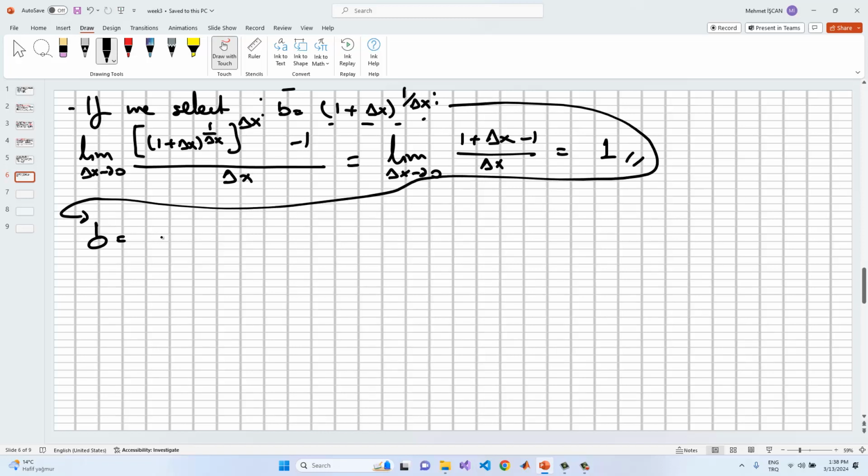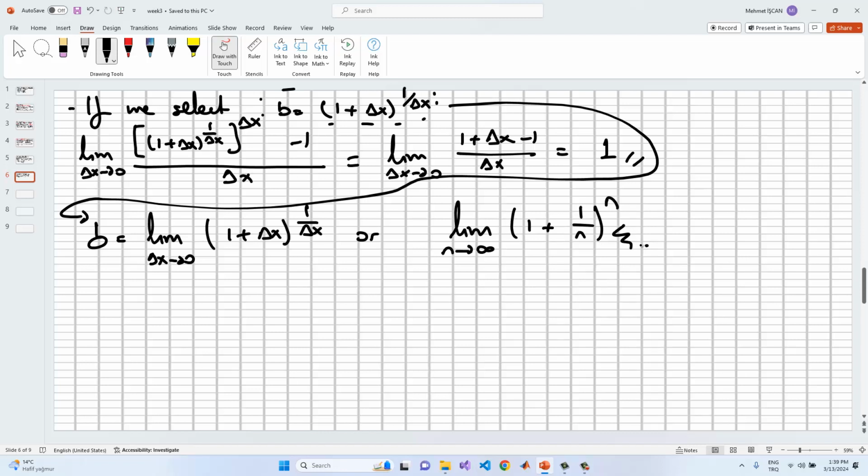Therefore, we have the limit as delta x goes to 0 of (1 plus delta x) to the power of 1 over delta x. If we return to the infinite series, it is the limit as n goes to infinity of (1 plus 1 over n) to the n.